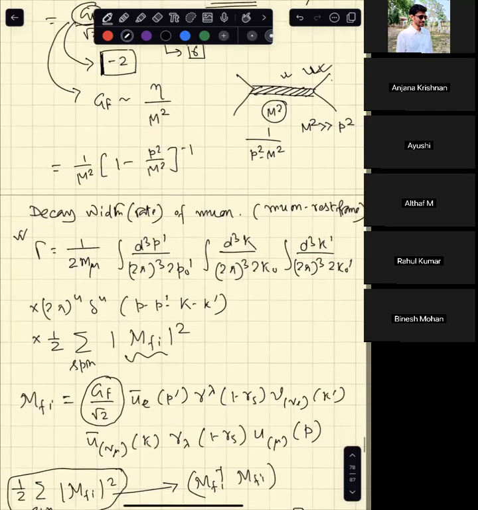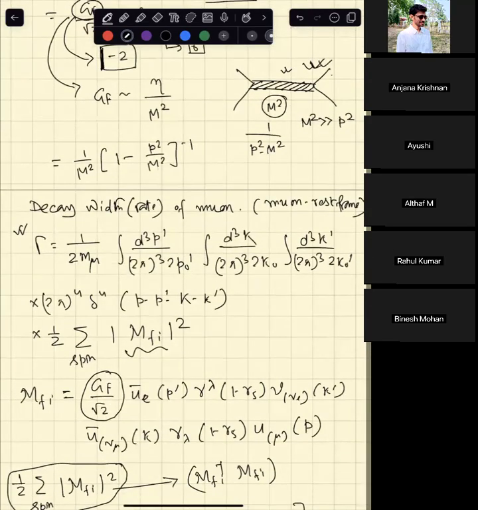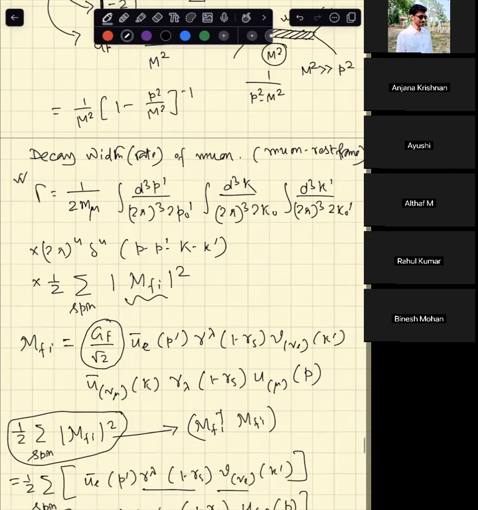Then if there are n decay products, we will have n number of phase spaces. Similarly, we have one momentum conservation delta function, p minus all n momenta, and then the modulus of M squared for that process. If we calculate this step by step, we should be able to calculate any decay width starting from this.